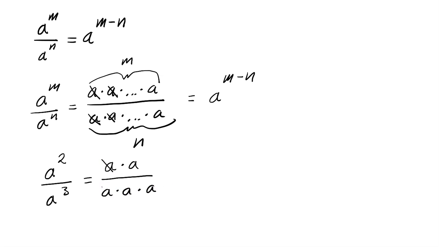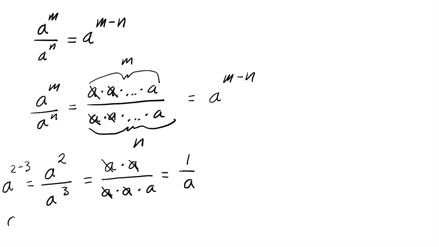So if we shorten out here, we'll end up with 1 over a. Okay, so on this left hand side, if we want this rule also to hold when the number below is larger than the number up, then this should equal a to the power 2 minus 3, according to this rule here.